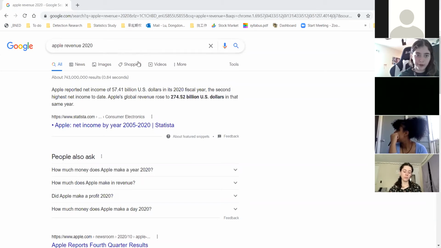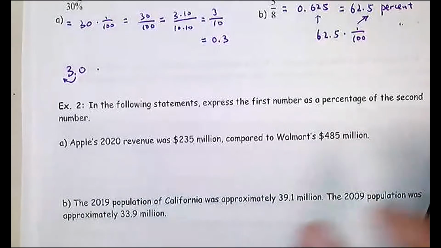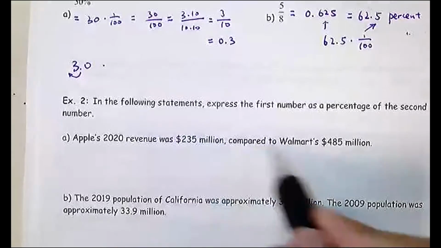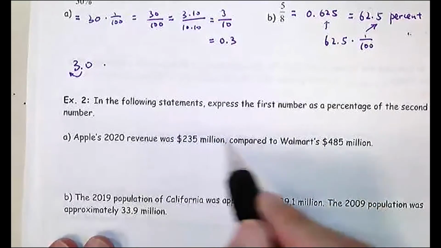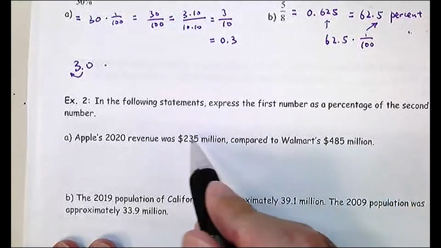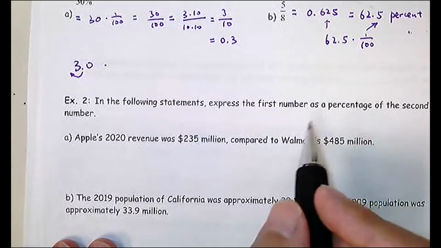As everybody can Google, Apple revenue in 2020 is 274 billion. Billion, not million. That's a huge difference. So let's go back to the question. Assume this is true. It's ridiculously low.